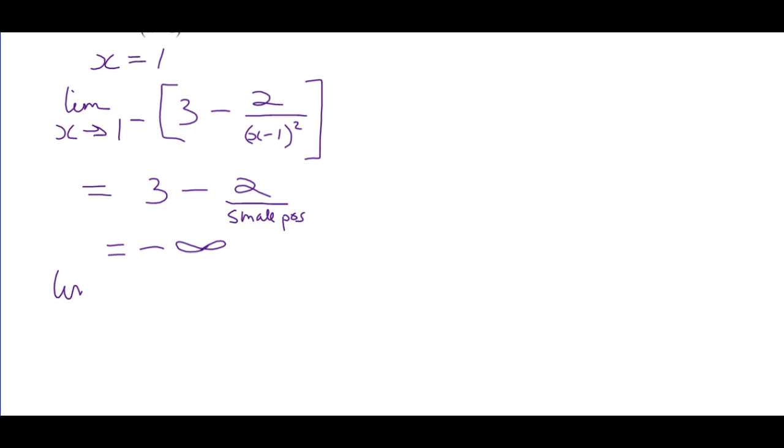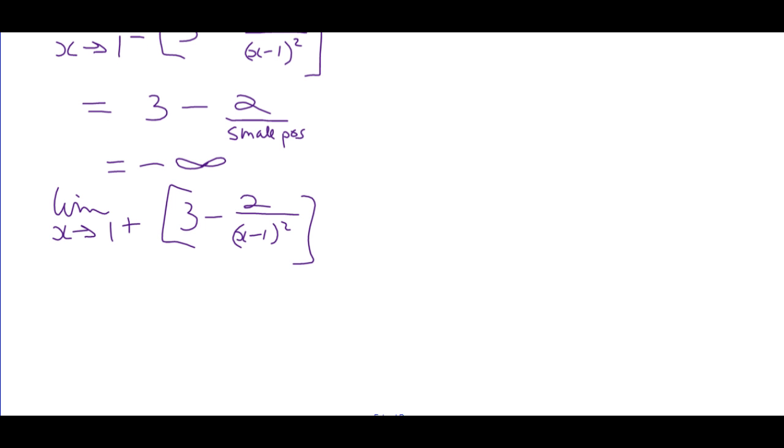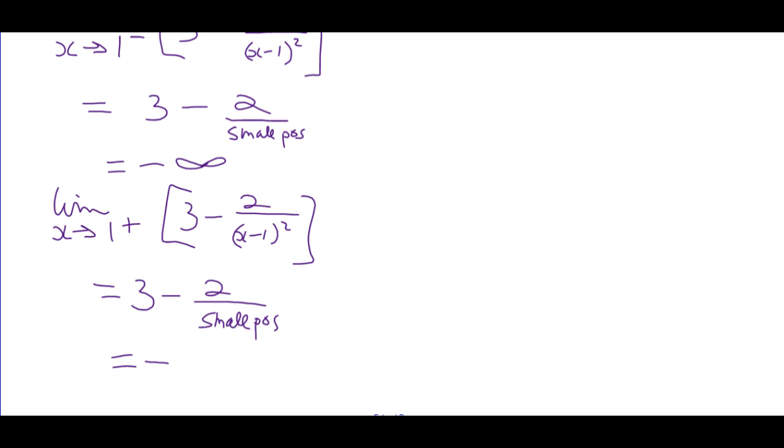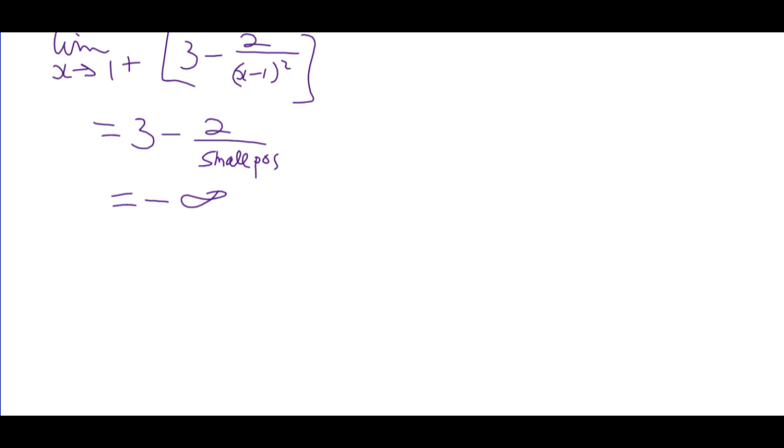But let's do it. The limit as x approaches 1 from above of 3 minus 2 over (x minus 1) squared is 3 minus 2 over a small positive, which is also negative infinity. Then we'll extend the page and we'll sketch that.